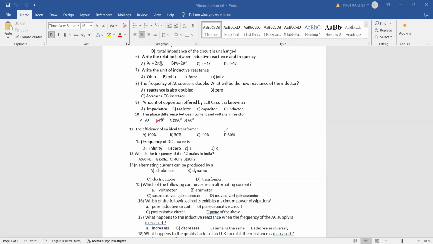See, whenever you have any ideal circuit or anything ideal, it will be 100%. Okay. The efficiency of the ideal transformer will be 100%.